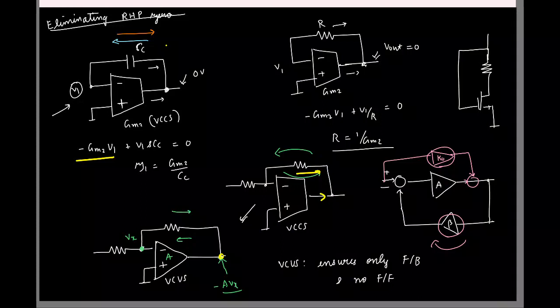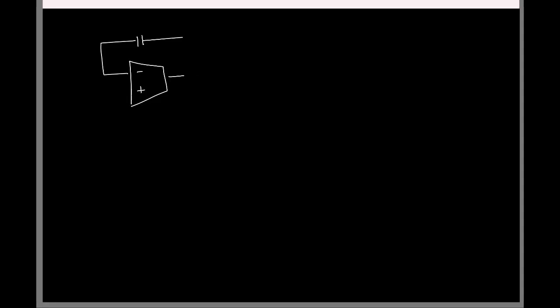And when we had a VCVS, we didn't have an issue because the output voltage here was fixed by something. If we have some kind of a voltage source fixing that node, we have no issues. And the simplest way we can have that kind of a voltage control voltage source is to put a buffer, right? Because we know how to form a voltage buffer using transistors. We'll put a buffer and make the feedback like this.